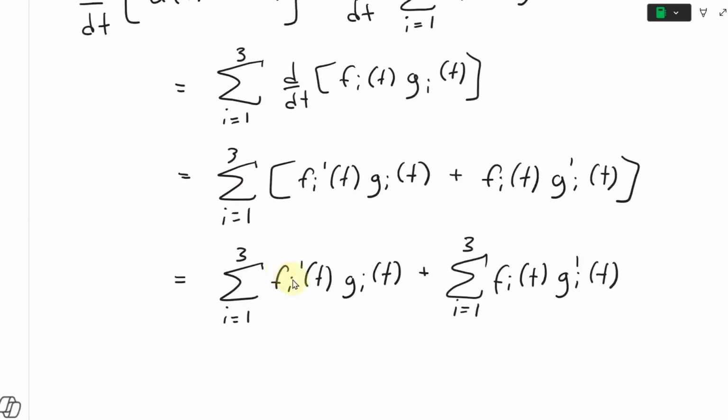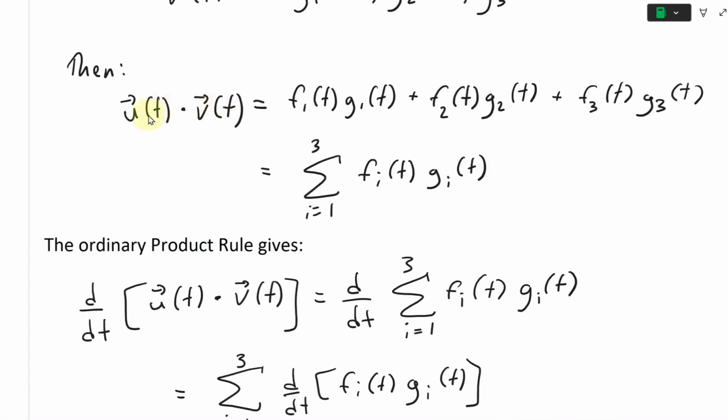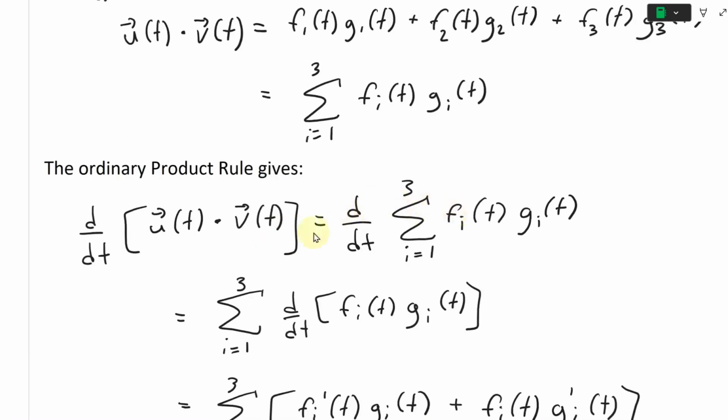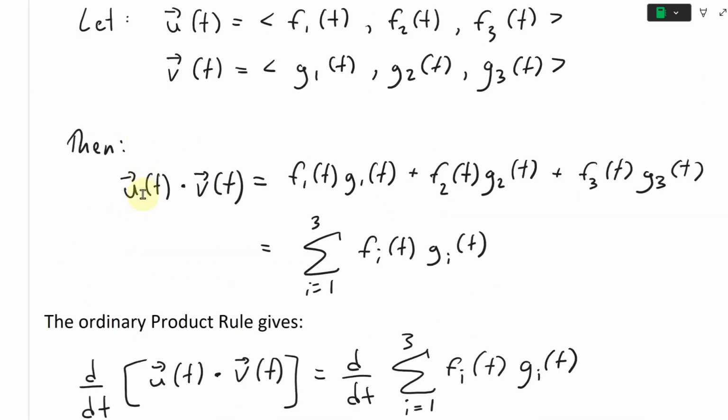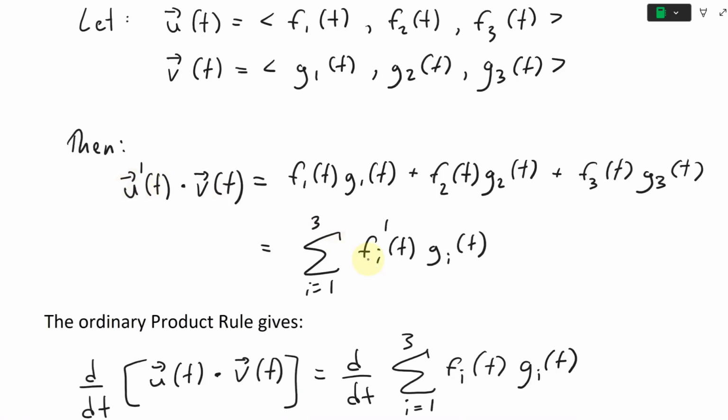And what does this equal? This is the dot product of the terms that have f, in other words, the dot product with u prime. Remember, the dot product equals this summation, but now if we have the prime there, we have to do the prime.